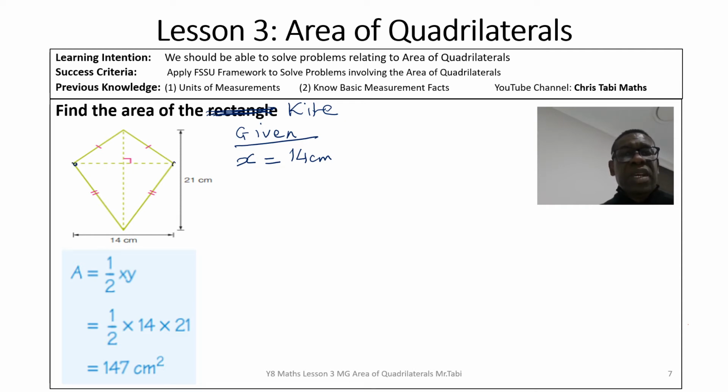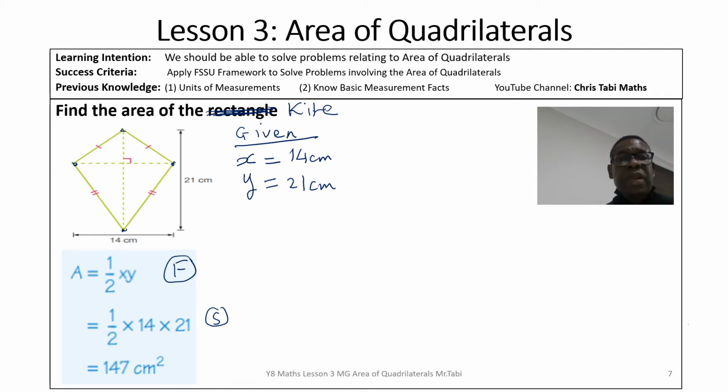From here to there, that's 14. And then from here to there, that's our y, and that is equal to 21 centimeters. So again, that's the formula. You write it down, then we'll do the substitution.